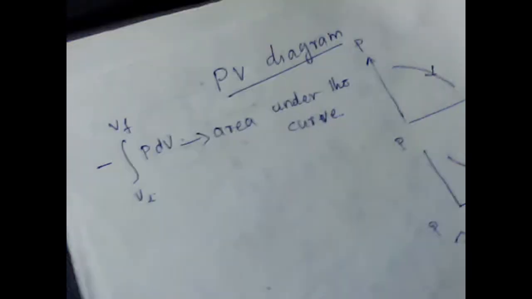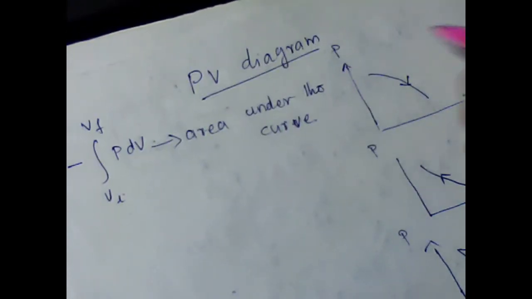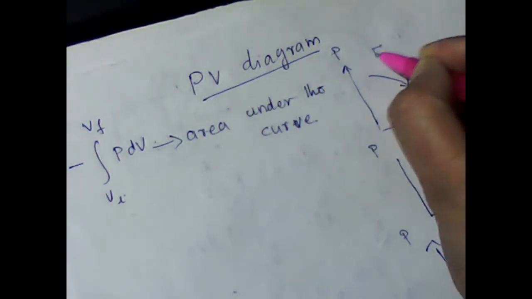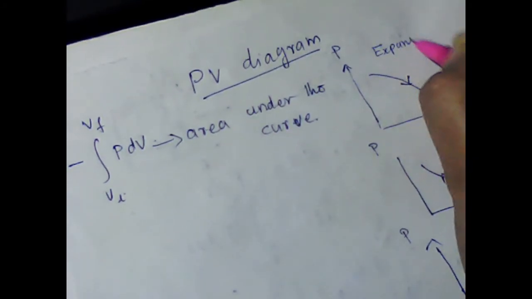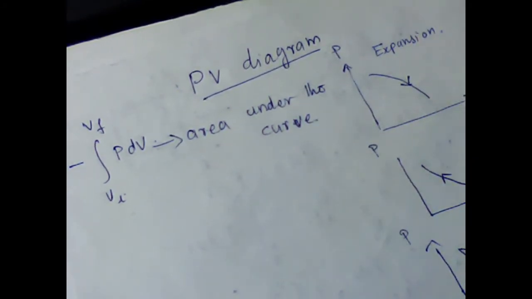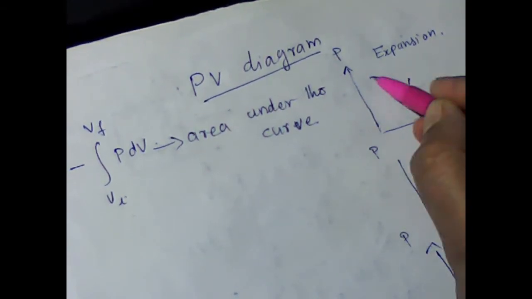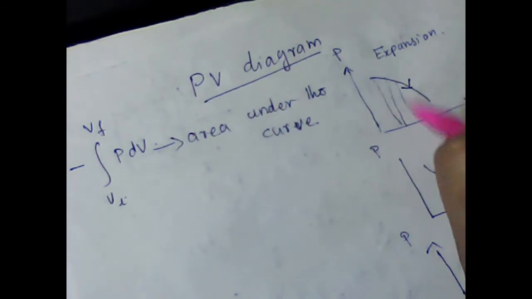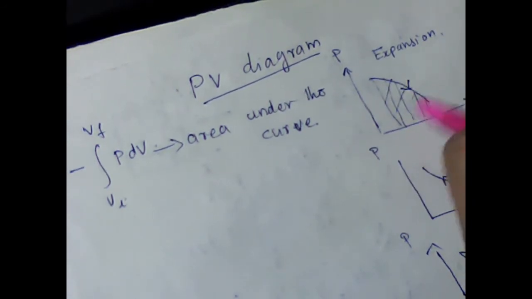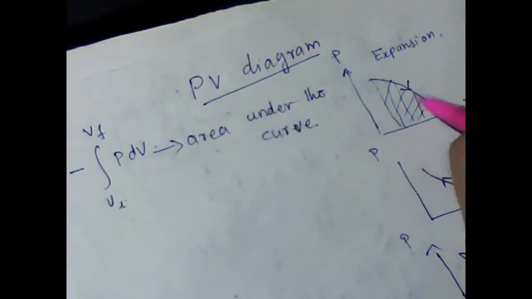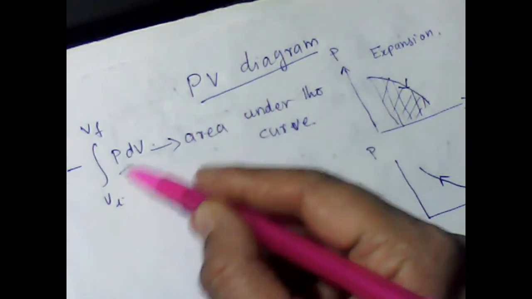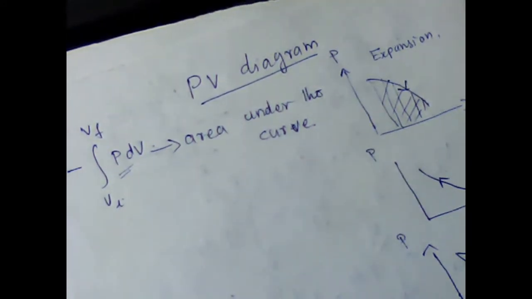So for an expansion, this is the area under the curve. So what is the area under the curve? This is the area under the curve. So the area under the curve will actually give the total work done during the process.